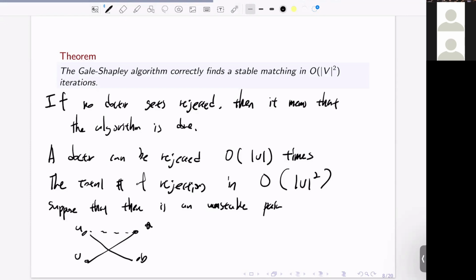So for both parties, U and A, again, U will not apply to B before hospital A. Also, A would have rejected Dr. V if it had received an application from you. So this is not possible.